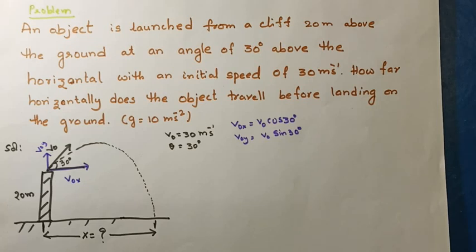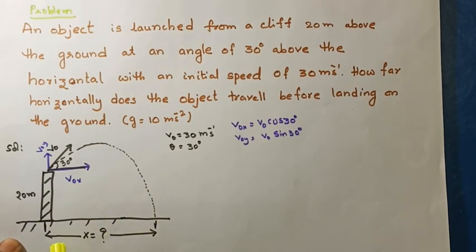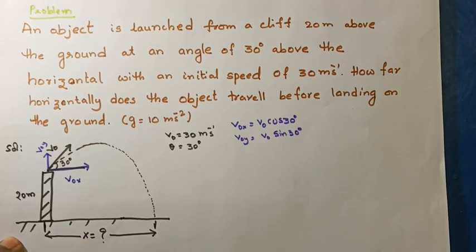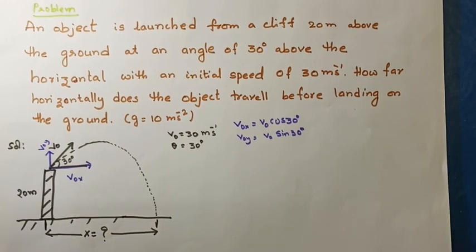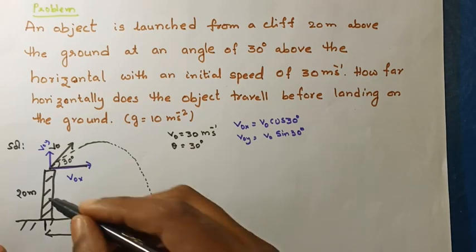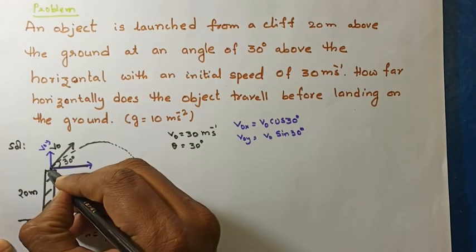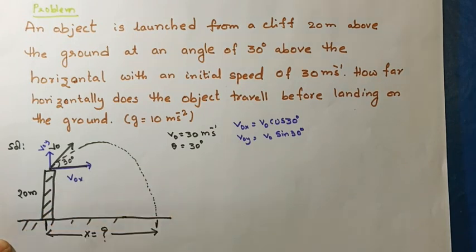Now we know the velocity along the x direction. In order to calculate the x distance, we need to calculate the time. So I simply apply the formula, taking this as the reference. Now the height of the tower or cliff is taken as negative, downward.